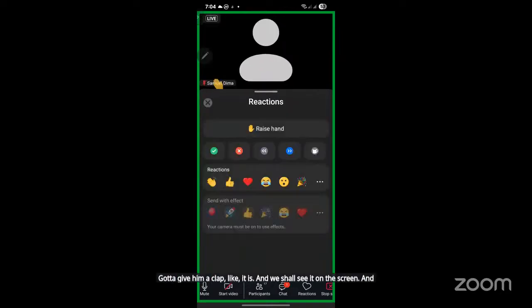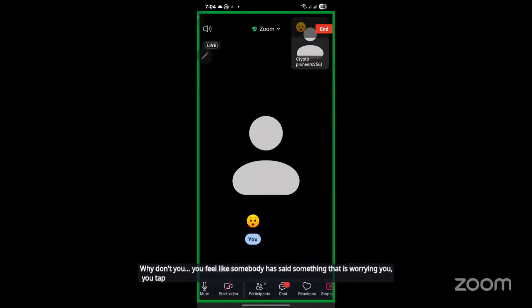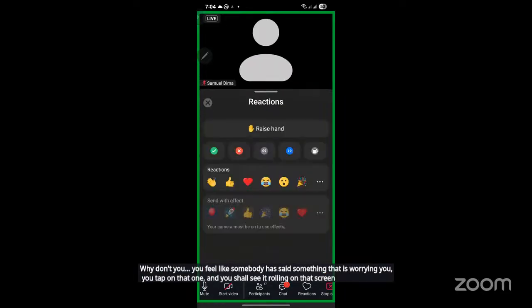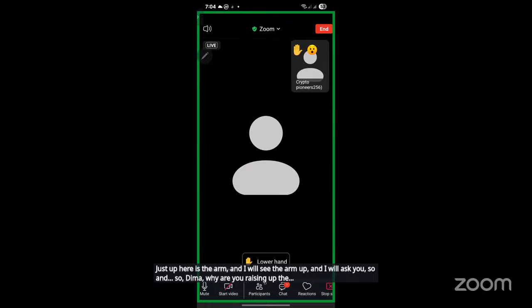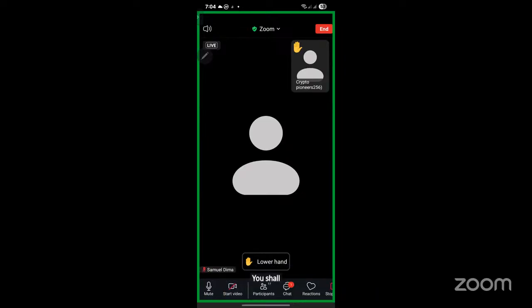And if you feel like somebody has said something that is worrying you, you tap on that one and you shall see it rolling on the screen like this, okay? And if you want to raise your hand, just tap here, raise hand, and I will see the hand up and I will ask you, Dima, why are you raising your hand? So that you will be helped. As simple as that. We shall just stop there on the reactions.